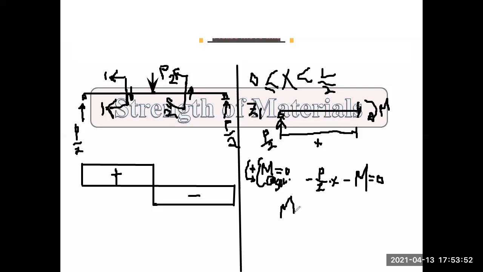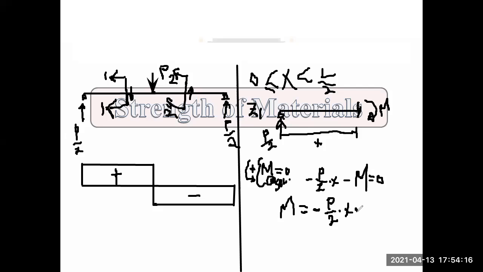Now I rearrange it so I get M on one side. I shifted M to this side, so it becomes positive, and is equal to negative P over 2 times X. So I have a negative sign, which makes my assumption for this moment wrong.